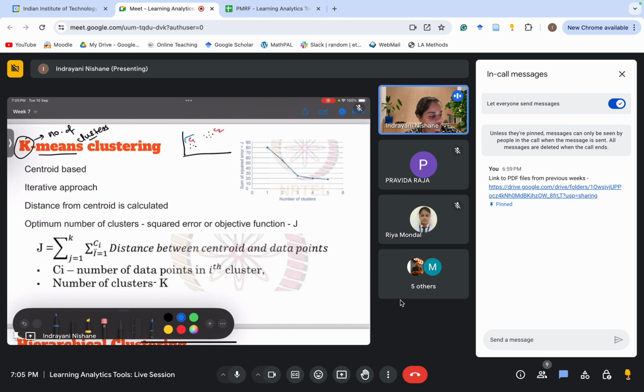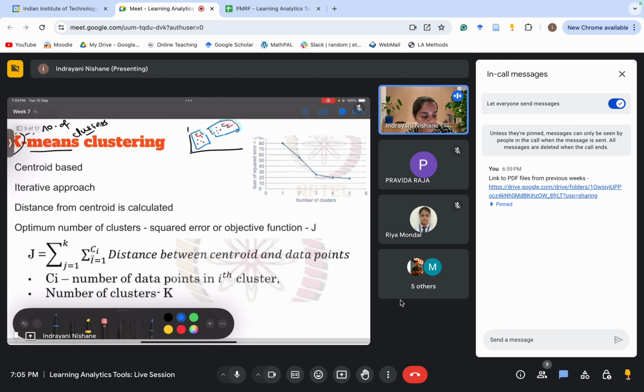The number of clusters is denoted by k, and we compute the mean or average of all the data points from that cluster to compute the centroid of a particular cluster. The centroid is the word for the center of that cluster, the pivot point from which the distance of every data point is computed. Hence it is written here that it is centroid based, and it is an iterative approach.